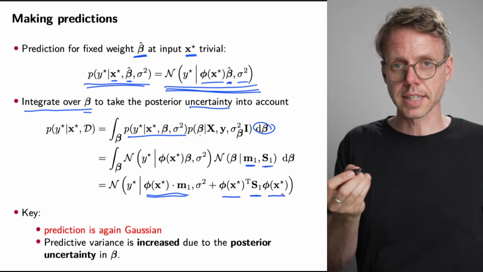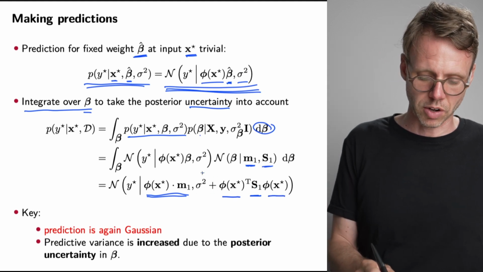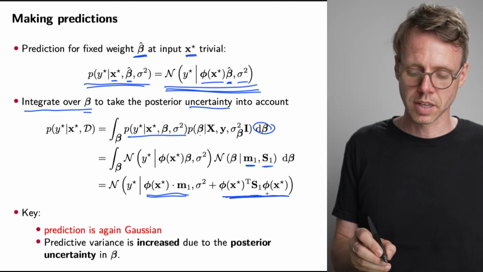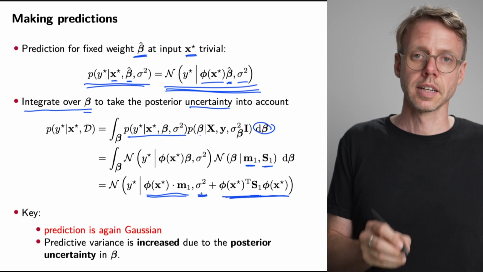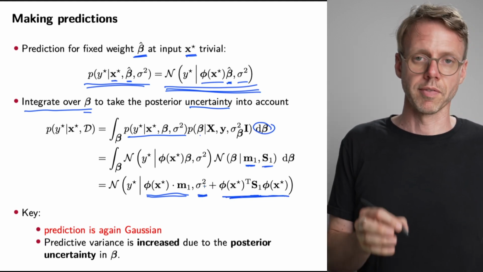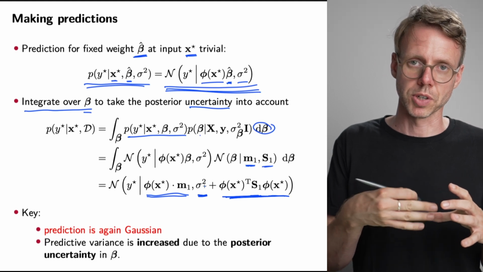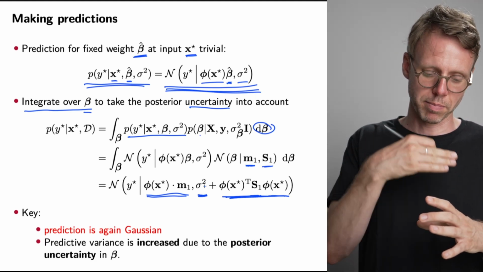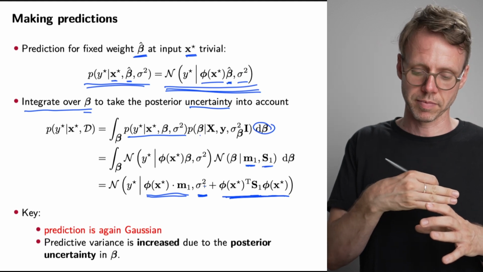And the resulting variance of our predictive distribution is the sum of this variance that comes from the posterior uncertainty and the data variance sigma squared. So that's the variance of the residuals that we would just get even if we had the perfect regression weight.